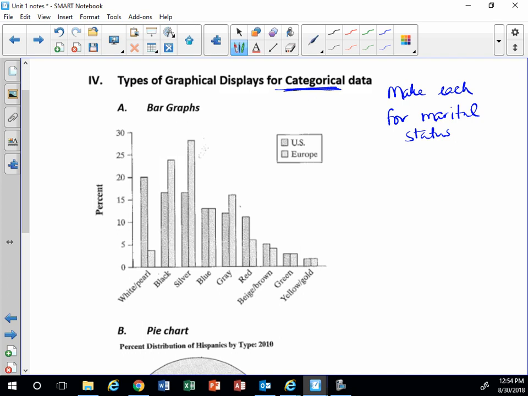What do you think? Do we need labels for these too? Okay, so we're on this section. You're going to make a bar graph, and you're going to make a pie chart.